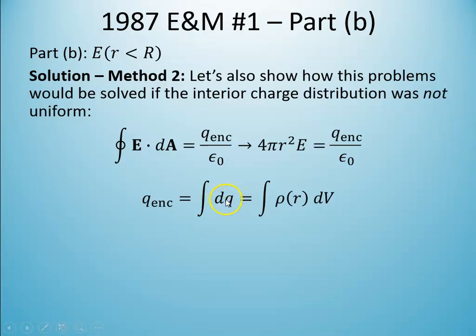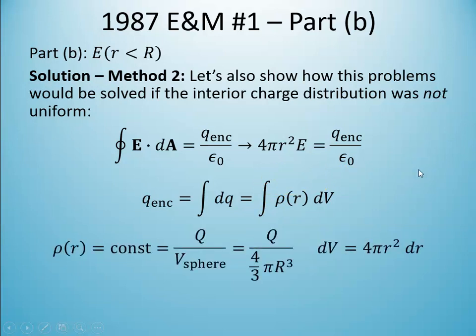A dq, a little bitty amount of charge, is equal to whatever the charge density happens to be there times dV. That's actually the definition of charge density. It's dq over dV. Well, in this case, we had a uniform charge distribution. If it was not uniform, we would just plug in whatever our function is right here for rho of r and integrate that from the center of the sphere out toward the radius we're interested in, little r.